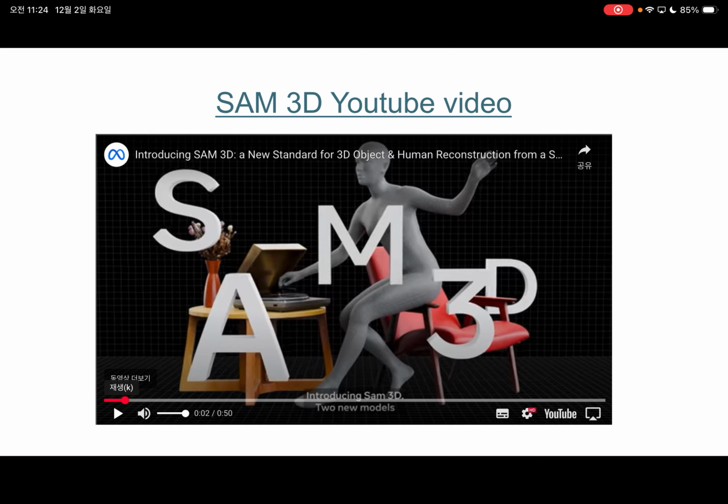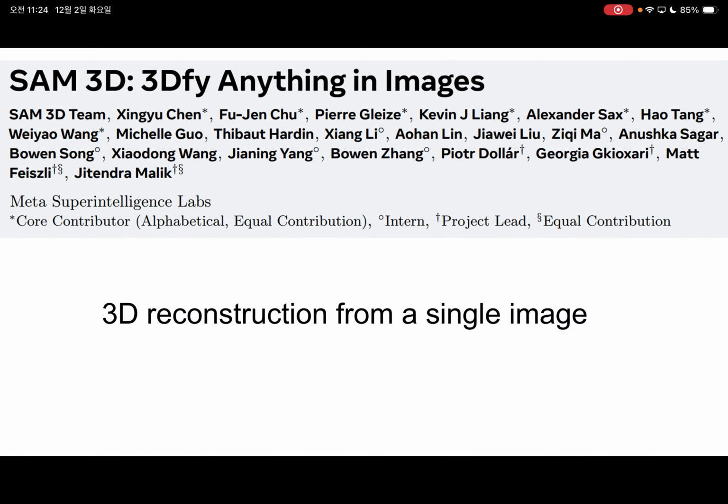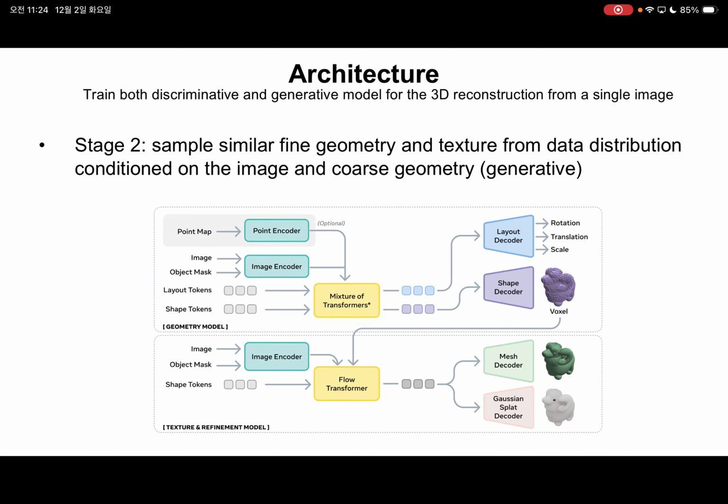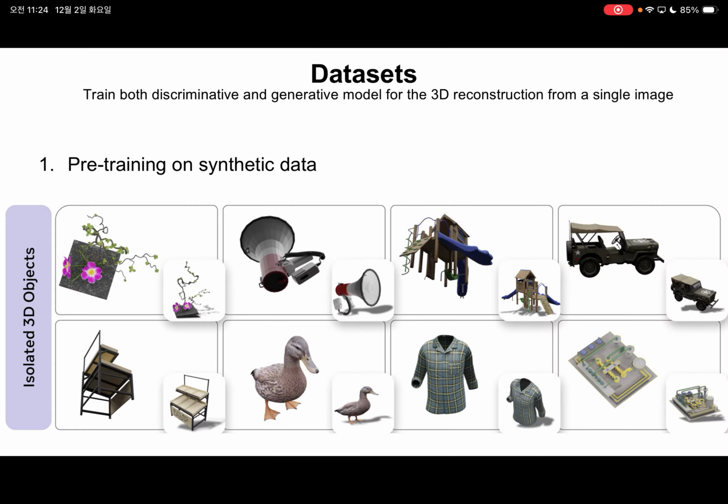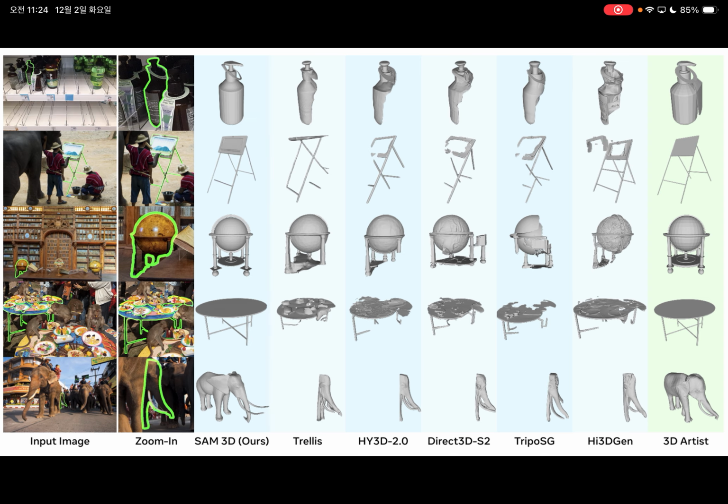I just recommend you personally visit this YouTube video website and see this video. The results are very good. There might be some static image results. This is the image and this is the 3D reconstruction result, and you can see other qualitative results.